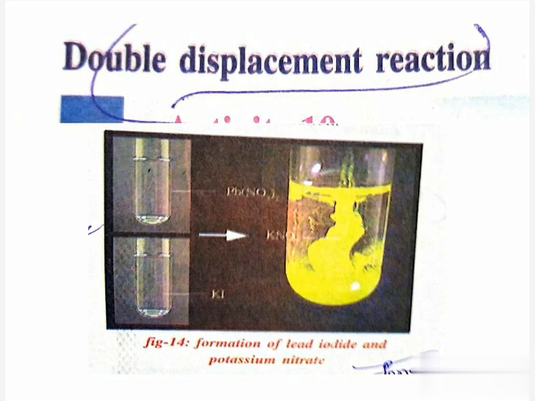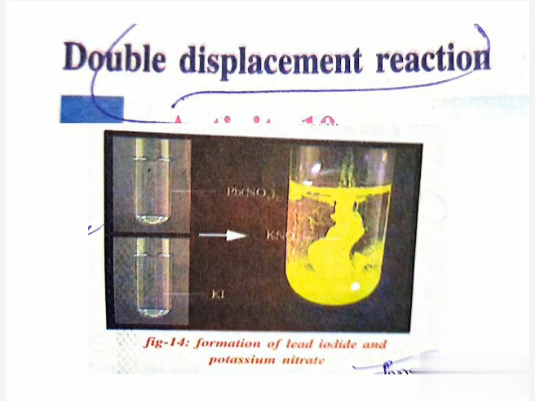Are both reactants exchanging their constituents? Yes. Lead nitrate plus potassium iodide gives lead iodide and potassium nitrate.